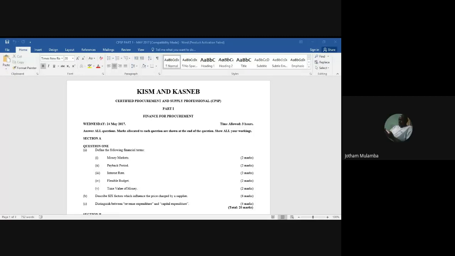Who can define for us the term interest rate?